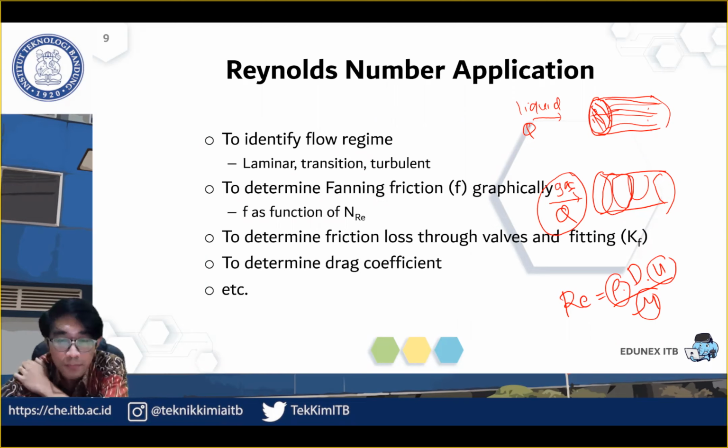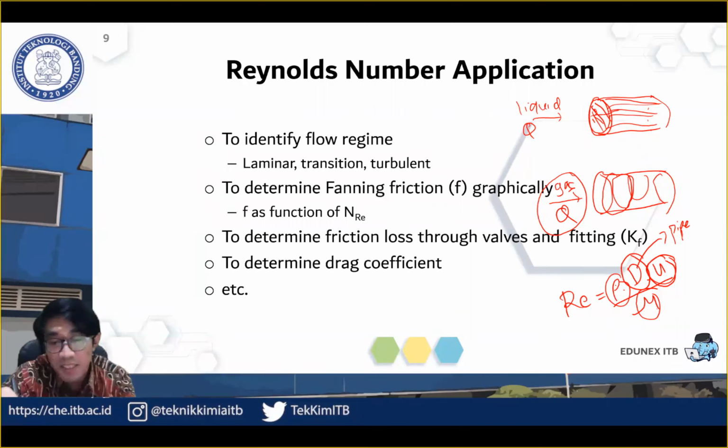But this one, density and the viscosity are fluid properties. Diameter is the pipe properties. Velocity will be the fluid properties, but it's not properties actually, it's a parameter that will also depend on the pipe diameter as well. So you need to consider what will be the diameter and what will be the velocity when the water is not fully occupying the pipe.